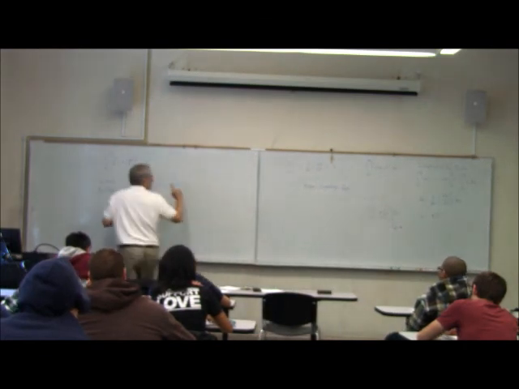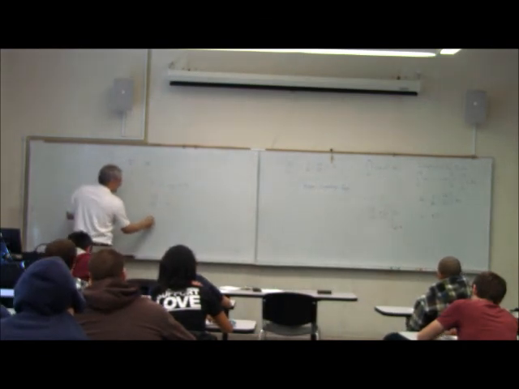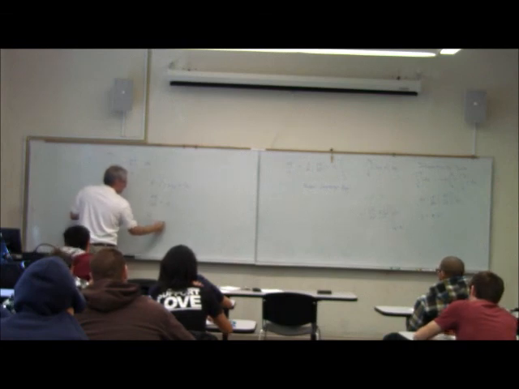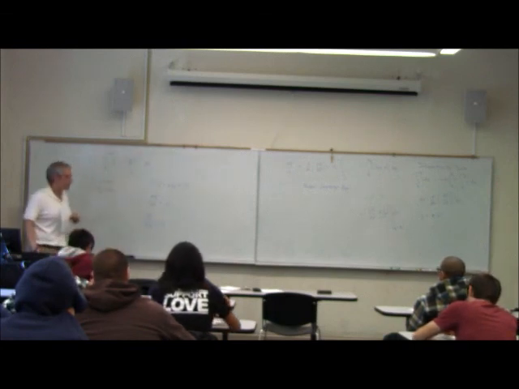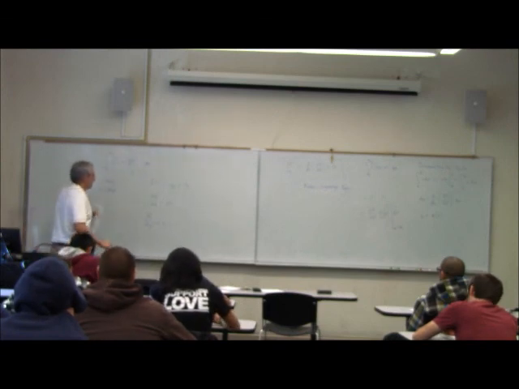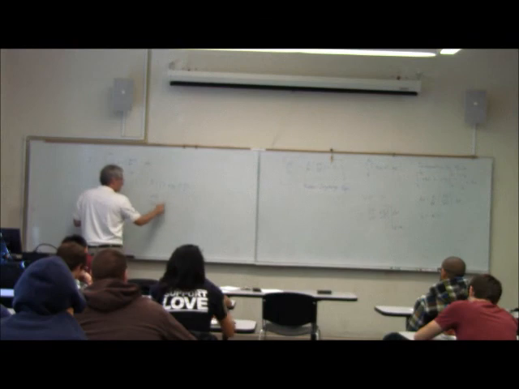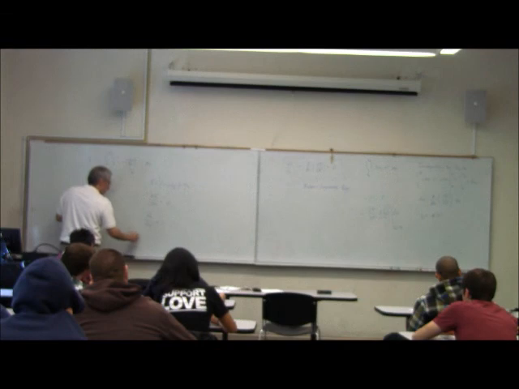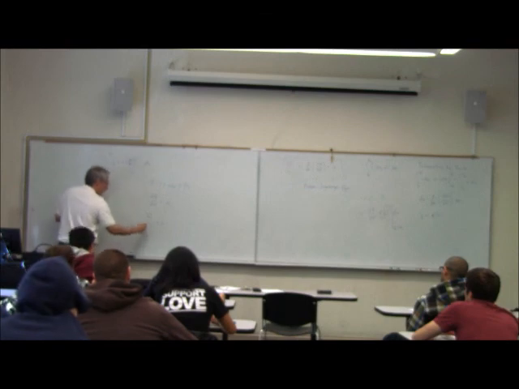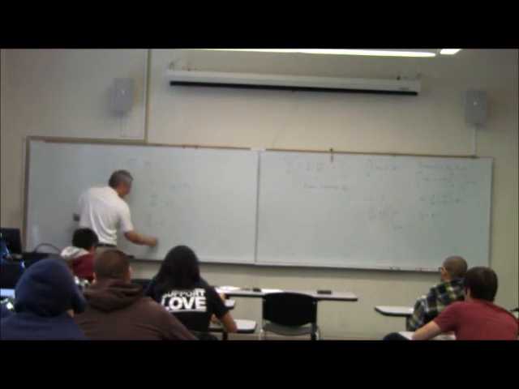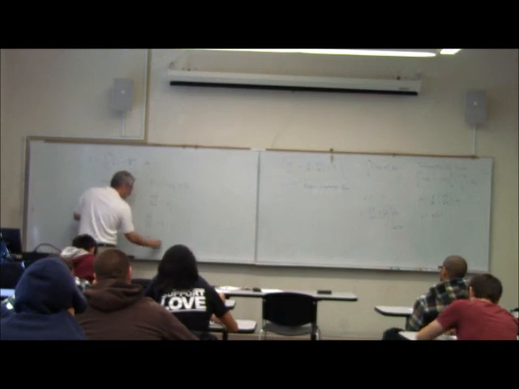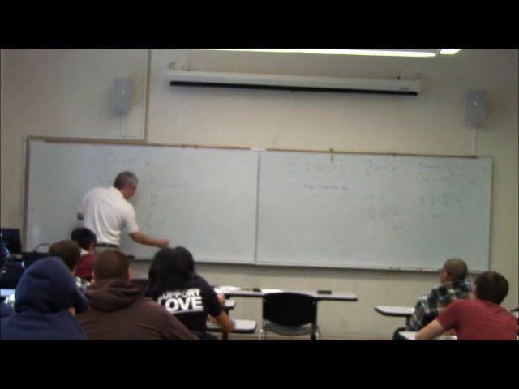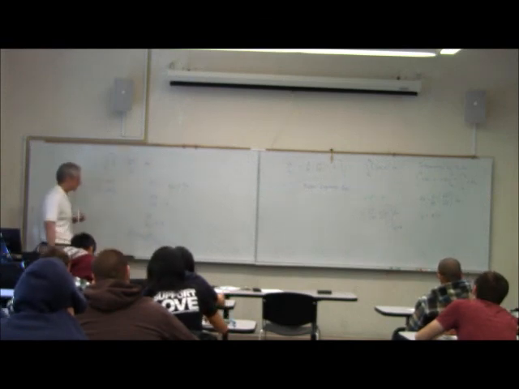So the Euler-Lagrange equation reduces down to partial f, partial y prime is some constant. Okay? So if we calculate then what is partial f, partial y prime, what we get is 1/2 times what's inside to the negative 1/2 power times the derivative of what's inside with respect to y prime, which is 2y prime. And that has to be equal to some constant.